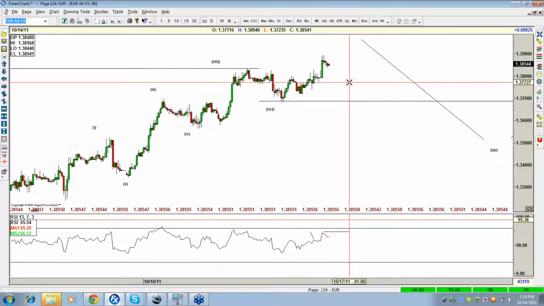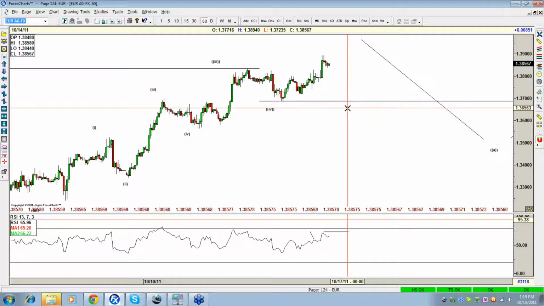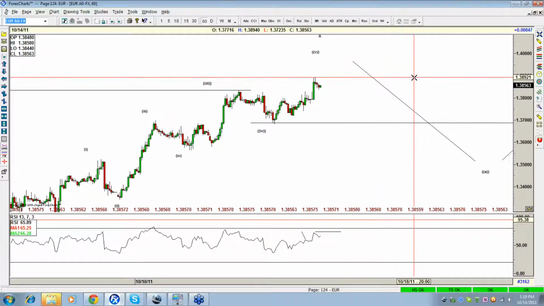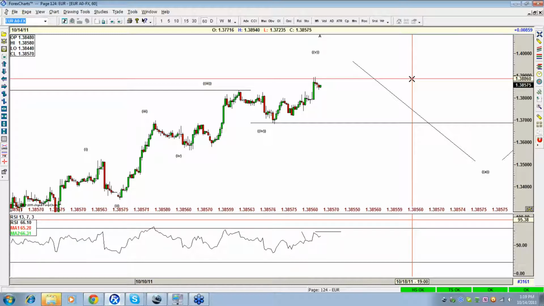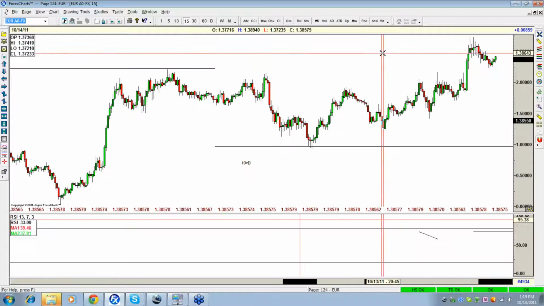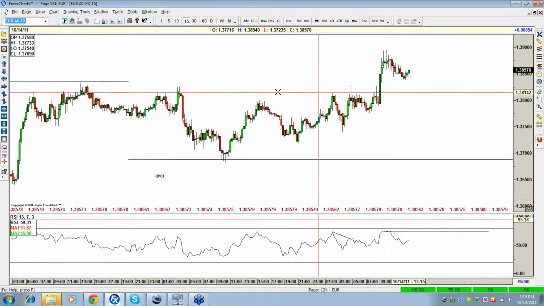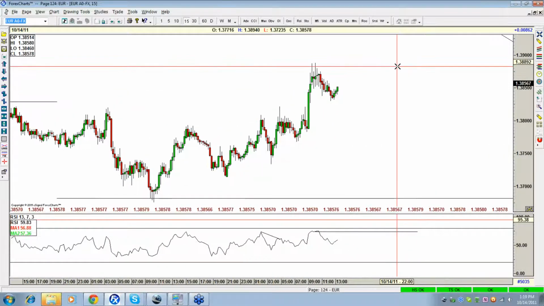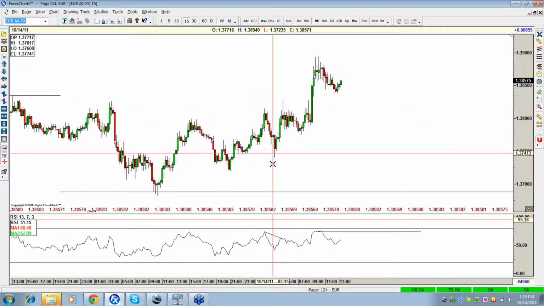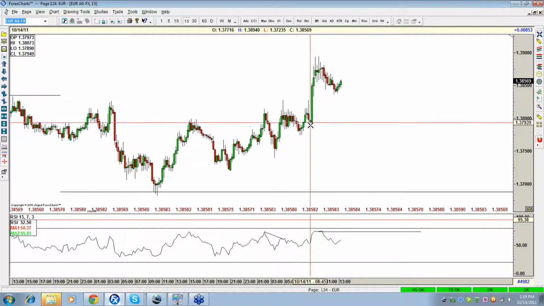So technically, I don't see it passing 141.10. I believe that it is going to drop before that, but I cannot deny to you guys the idea that there can be a nest right here, 1, 2, 1, 2, 1, 2, and even 1, 2.